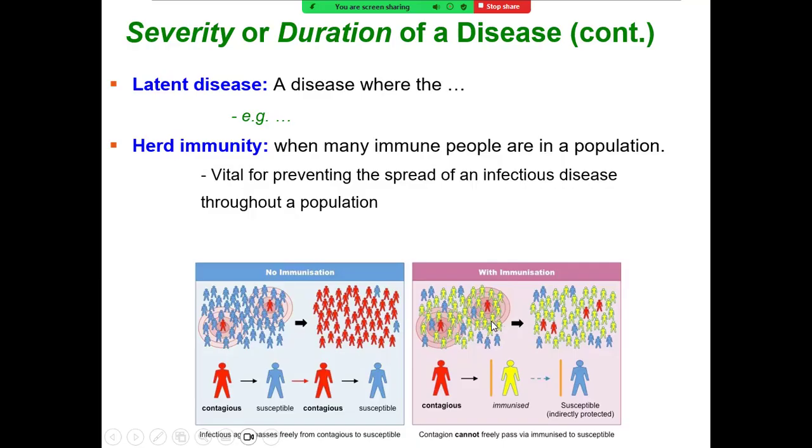And the reason why the disease doesn't spread is because of herd immunity. The disease would have to go from this patient to that patient, from that patient to either that patient or that patient, and then from that patient to that one.